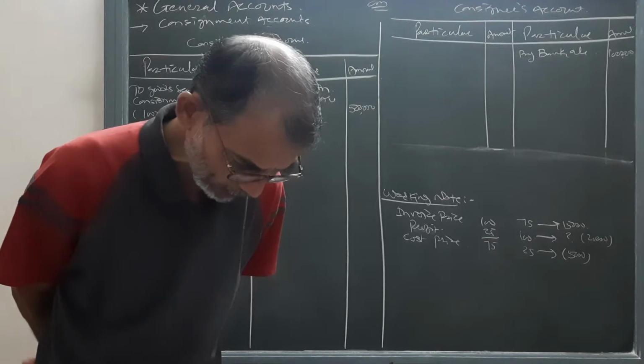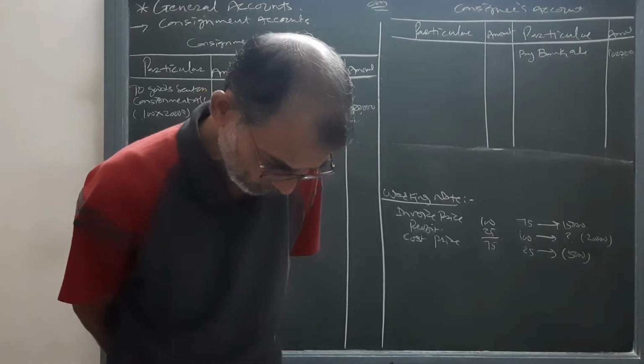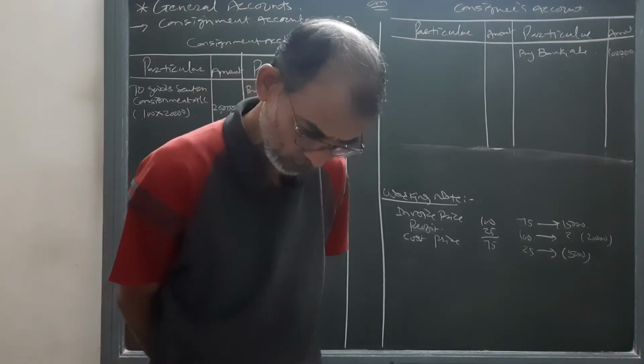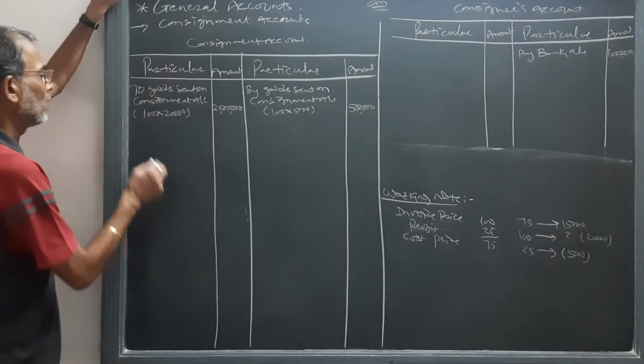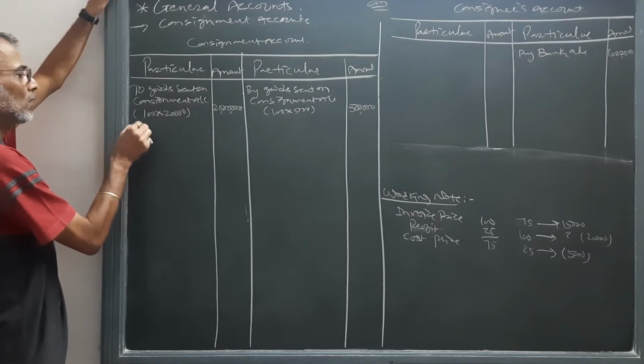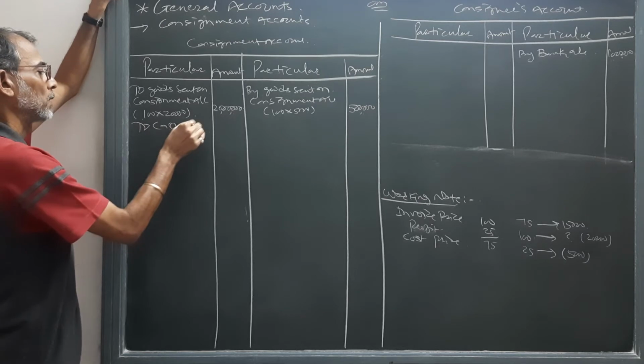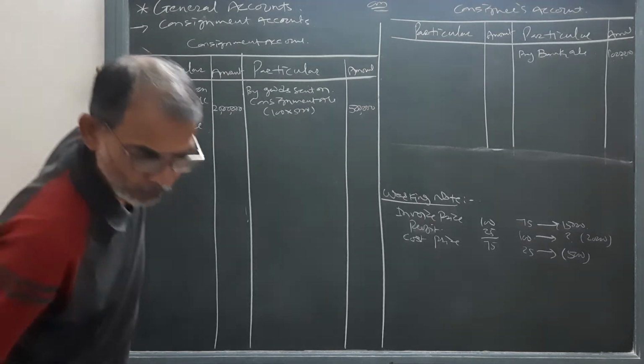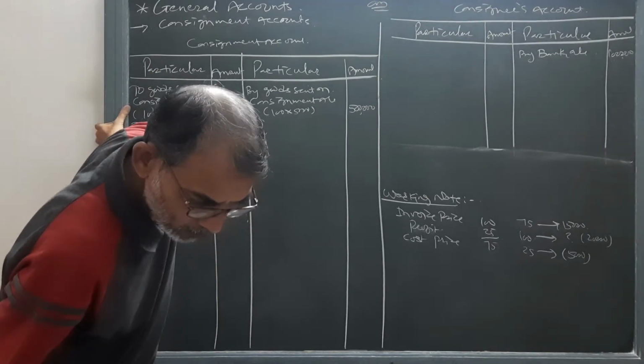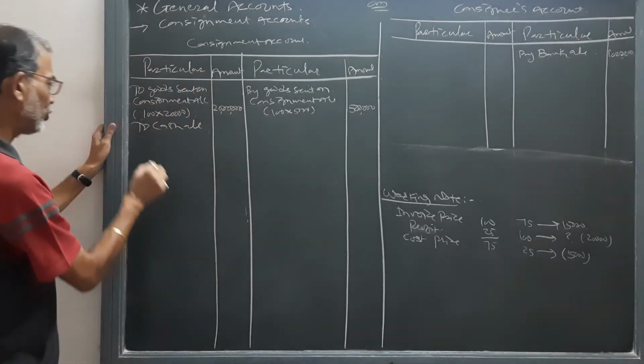Consignor had incurred expense 10,000 for carriage, 30,000 for freight and 15,000 for insurance. So it would be written on debit side of the consignment account to cash account. First expense is 10,000 for carriage.